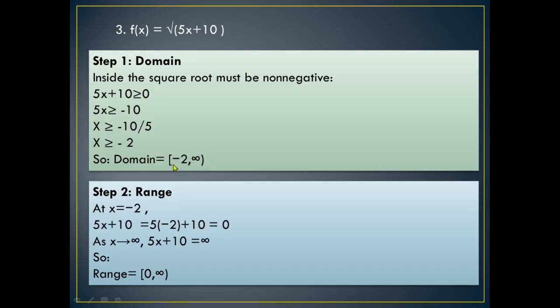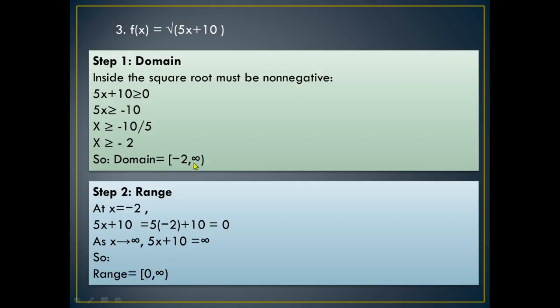When x equal to minus 2, the function will be 0, the output will be 0. And as x increases from minus 2 to infinity, the output also increases from 0 to infinity, so the range equals 0 to infinity, including 0.